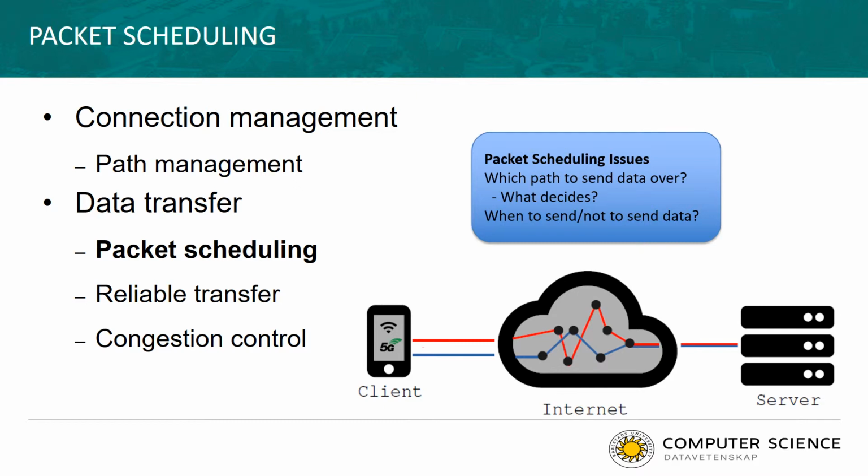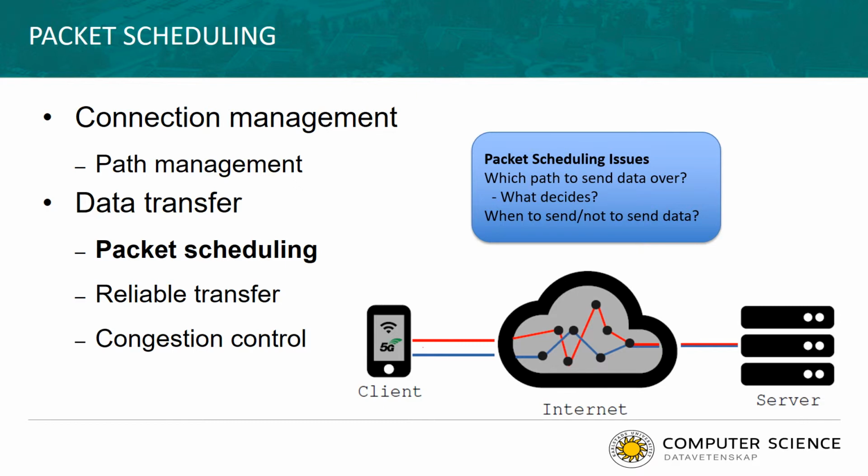So the next aspect to consider is packet scheduling. Let us now assume that our path management has set up a number of different paths between the client and the server. The packet scheduler then has to decide which path to use to send a particular data segment over. And this decision can depend on the goals of our communication.